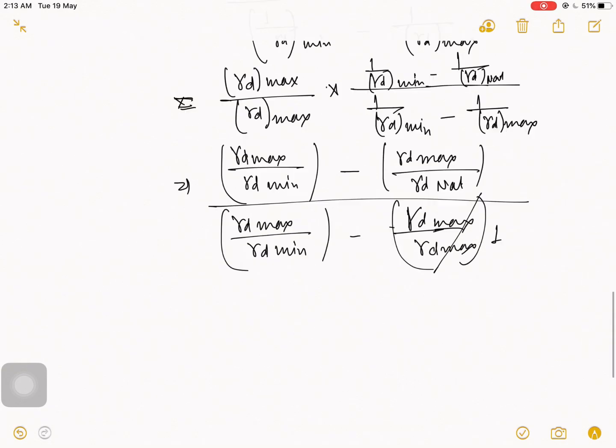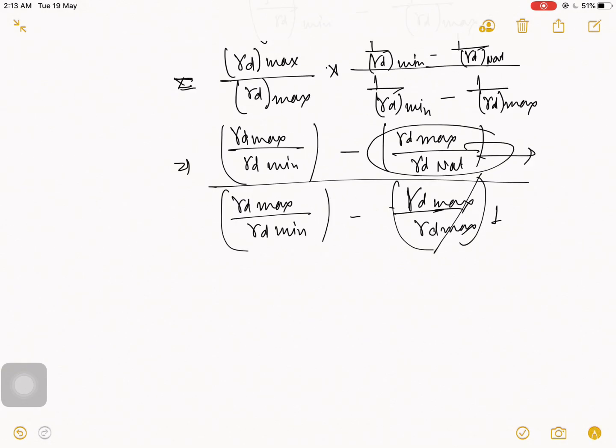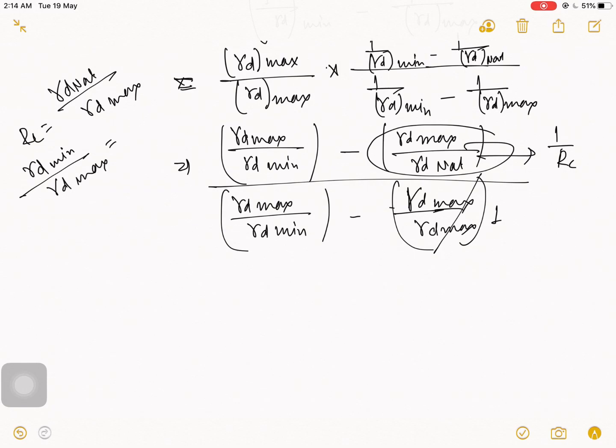This is 1, and gamma d max by gamma d natural is 1 by RC. What is gamma d max by gamma d minimum? If RC is gamma d natural by gamma d maximum, then gamma d minimum by gamma d maximum is R naught, so that is 1 by R naught. 1 by R naught minus 1 by RC, over 1 by R naught minus 1, is equal to ID. Our intention is to find RC in terms of ID.